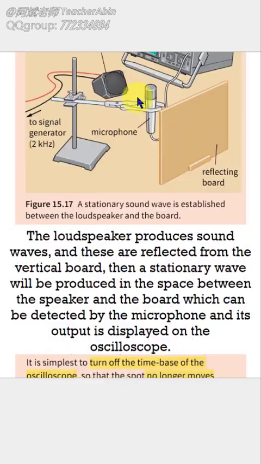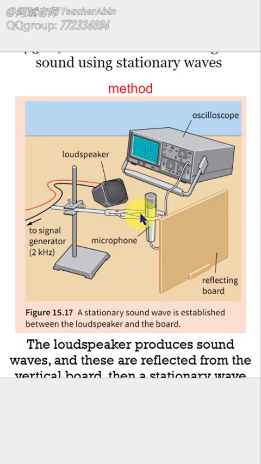So if the microphone is placed at the position of a node, what we'll see on the screen is just a spot staying at its original point on the center of the screen. Just stay there, no moving. And if you move the microphone a little bit away, you'll see the spot starts moving up and down. So it's very convenient to accurately determine the position of a node.